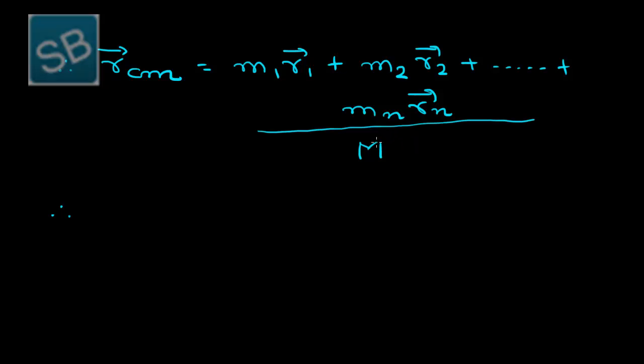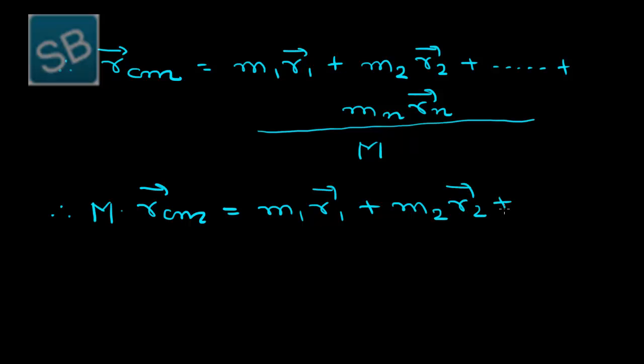So, I am multiplying this M with the position vector of the center of mass. So, M into RCM vector is equal to m1 r1 vector plus m2 r2 vector plus so and so mn rn vector, where M is the total mass of the system. So this is the end of the theory of center of mass in 3 dimensions.